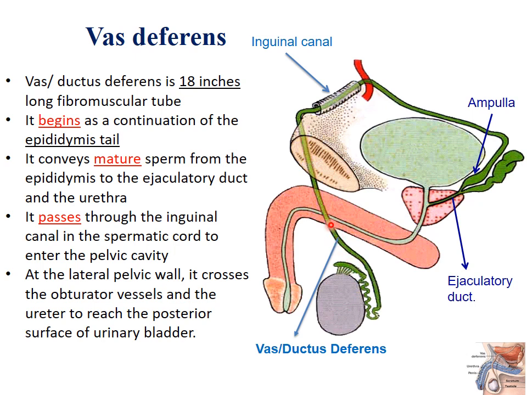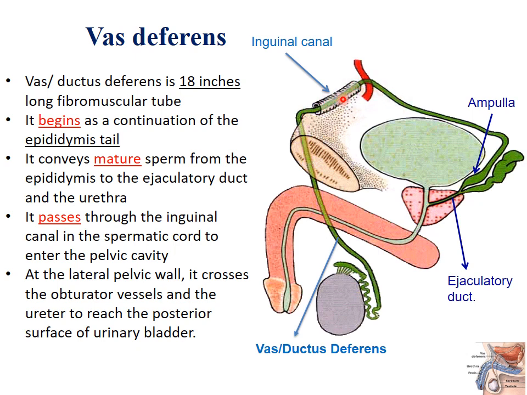Then it ascends upward outside the body, and then it runs through the inguinal canal. So what is this? This is the inguinal canal. It means this is the region where the duct and the spermatic contents, the testicular artery, the testicular veins, the genitofemoral nerves, and sometimes in the inguinal canal, the ilioinguinal nerves, are all passing and piercing the wall of the abdomen to enter into the abdominal cavity.